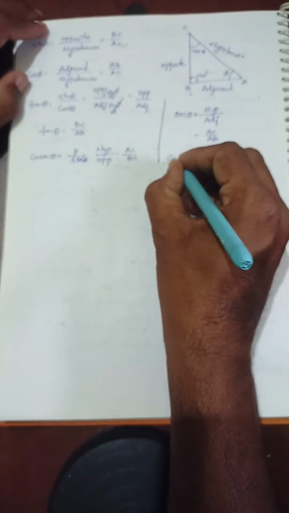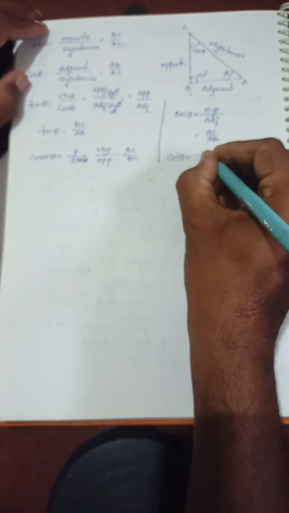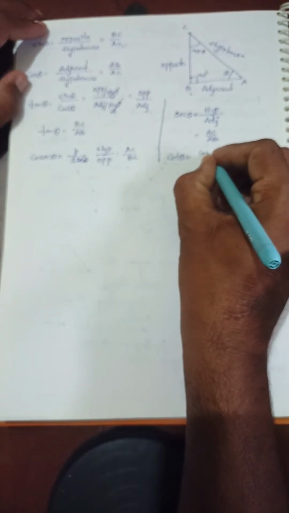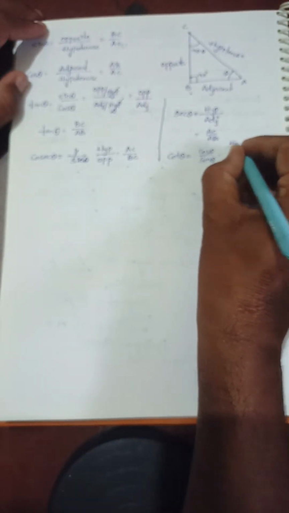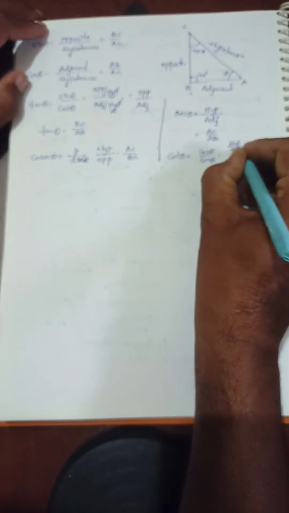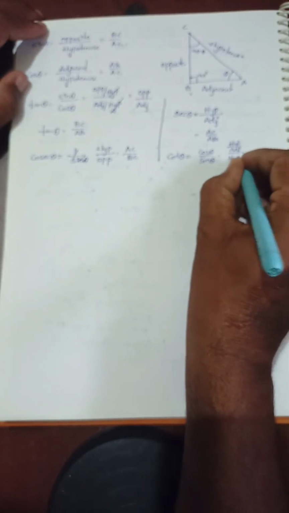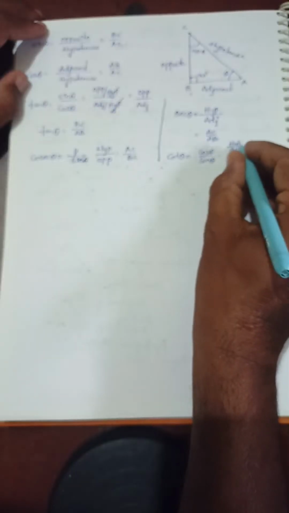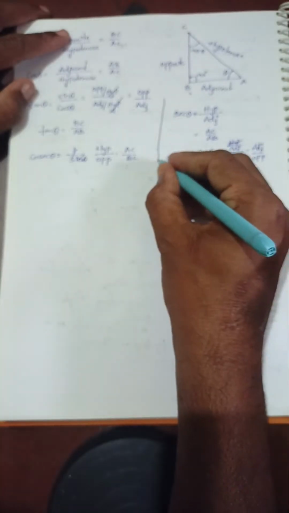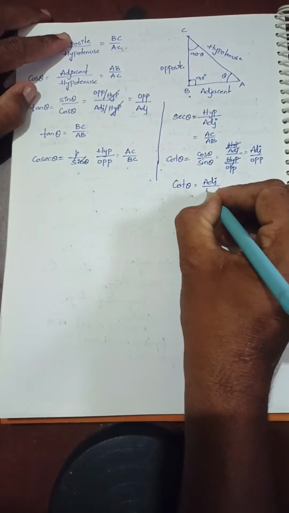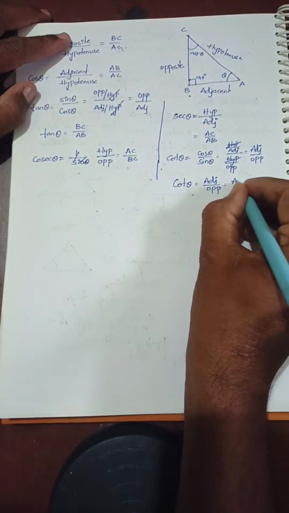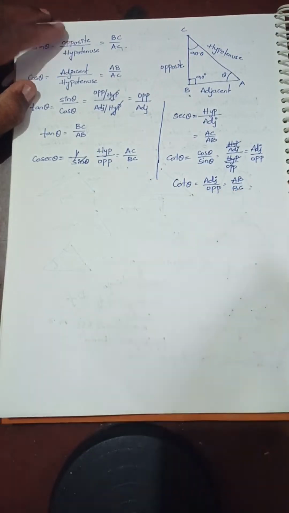The last and final is cot theta, which is equal to cos theta by sin theta, that is adjacent by hypotenuse divided by opposite by hypotenuse. Both the hypotenuses will get cancelled. Why? Because we are getting the answer adjacent by opposite. So cot theta value is adjacent by opposite, that is AB by BC.